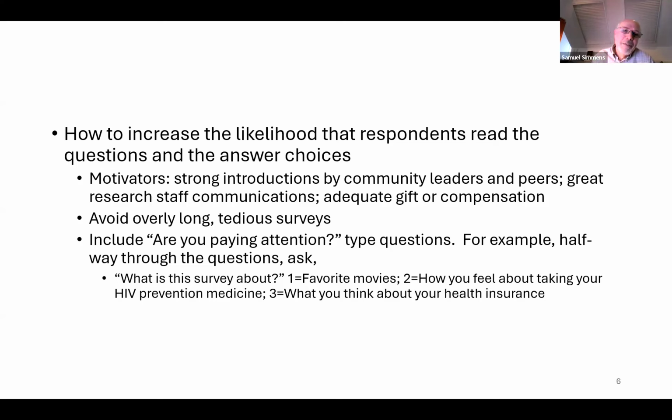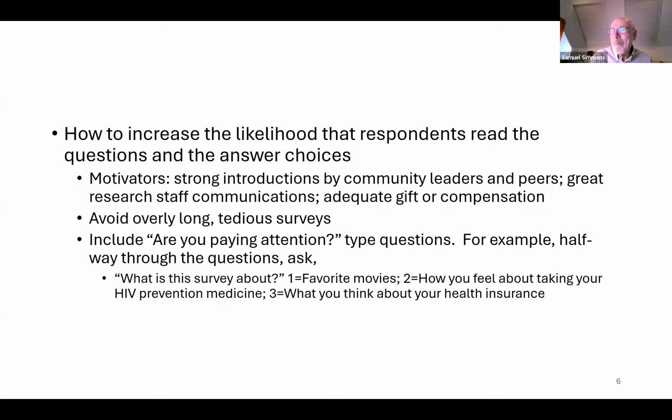You could have 5 options or 6, and only one of them is correct. And if they check off the wrong option, it doesn't solve the problem, right? But at least you know that you can't trust that individual's responses to the survey, because at that point in the middle of the survey, they are not paying attention anymore.